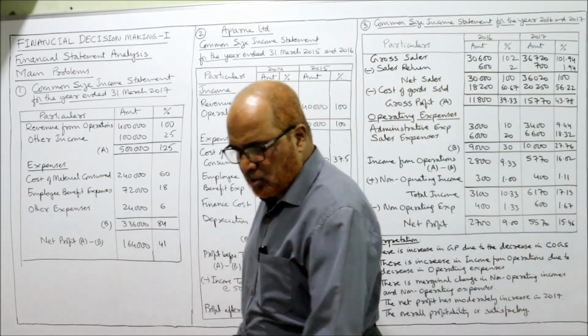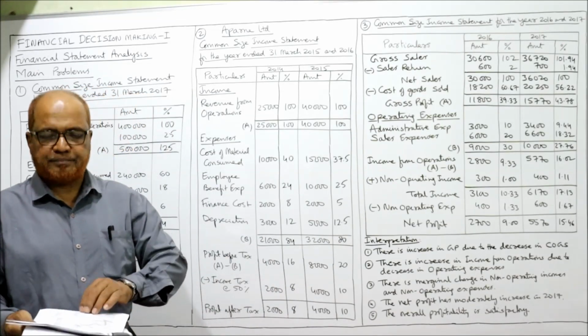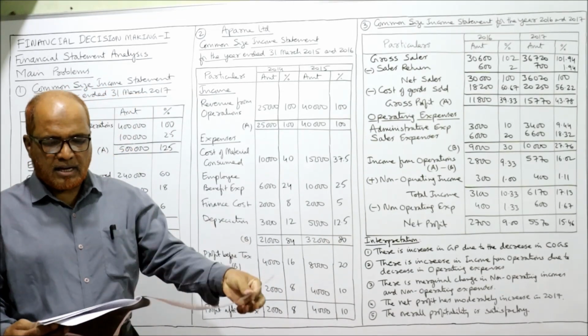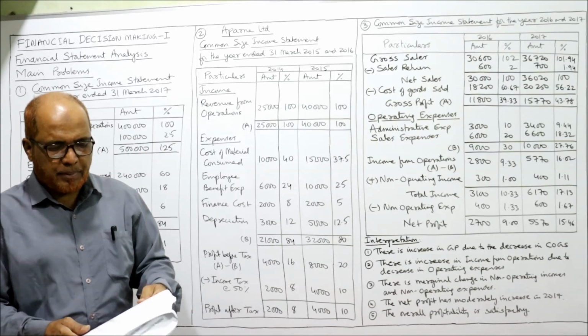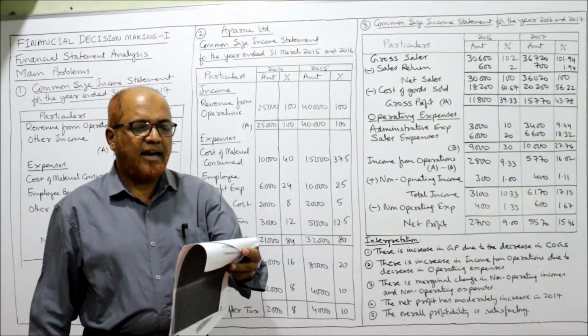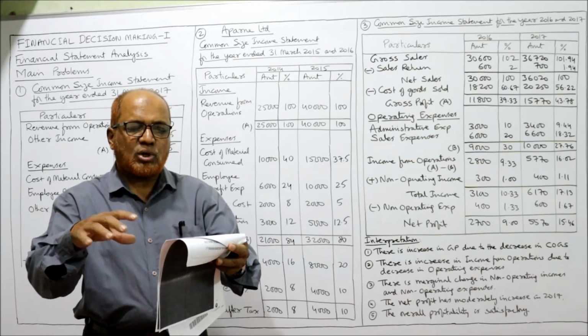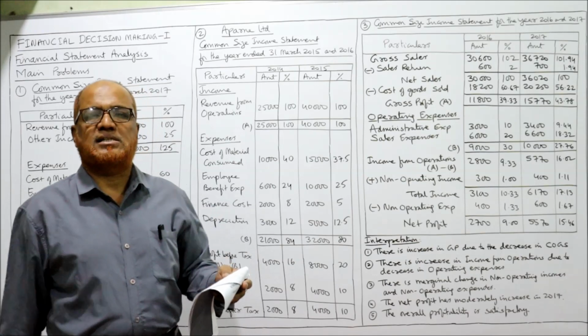Now next problem, you see problem number 3. Third problem. Convert the following statement prepared by an analyst into common size statement and interpret the changes in 2017 in the light of conditions of 2016.